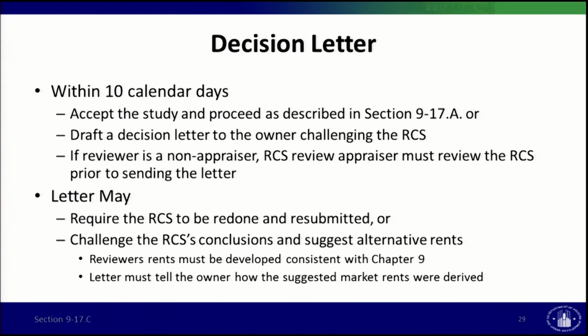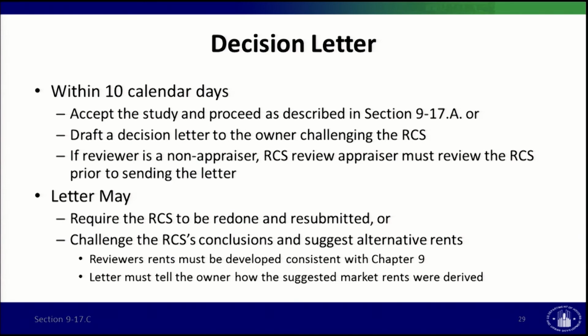After the appraiser responds, you as the review appraiser then have 10 calendar days to either accept the study or draft a decision letter to the owner challenging the RCS. Remember, if the reviewer is a non-appraiser, the RCS review appraiser must also review the RCS prior to sending the letter.